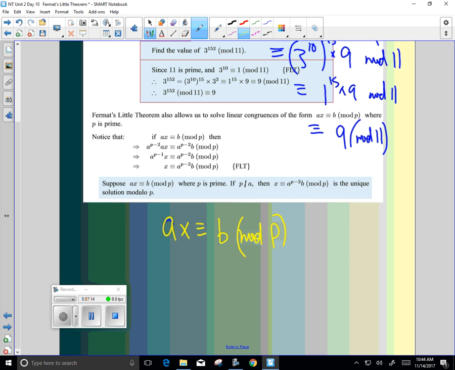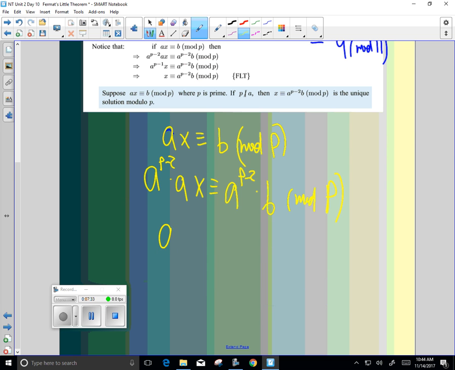So what they essentially did to get that is multiply everything by a to the p minus 2, mod p. So then a to the p minus 2 times a is going to be a to the p minus 1 times x. Isn't that clever?